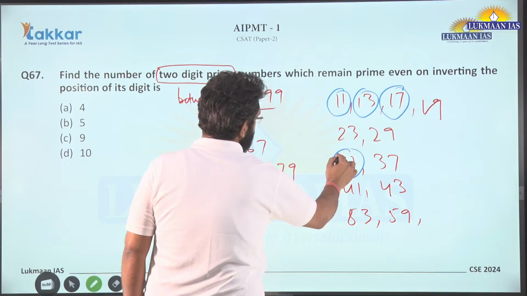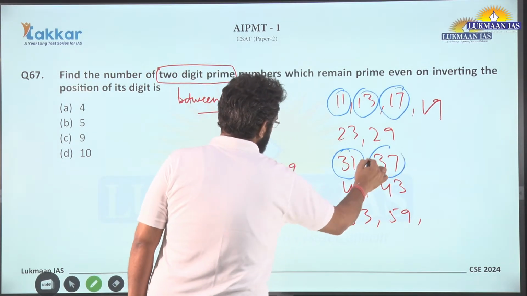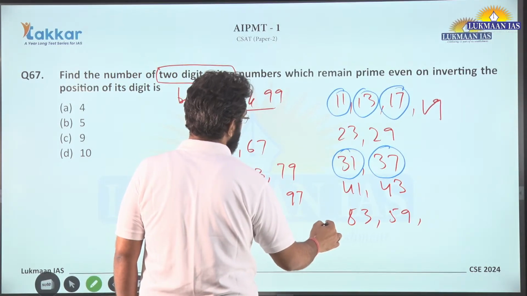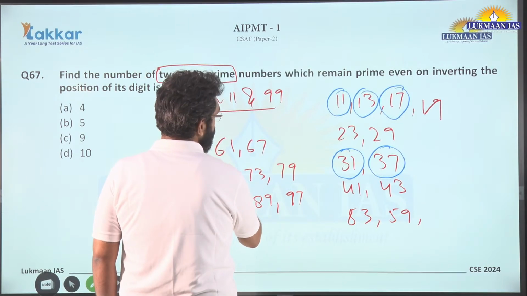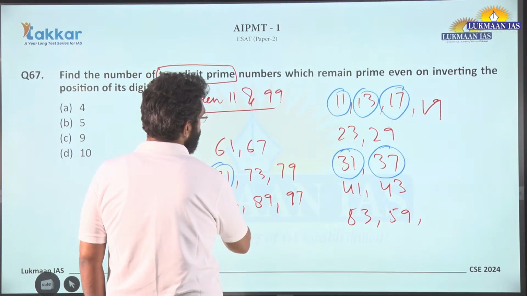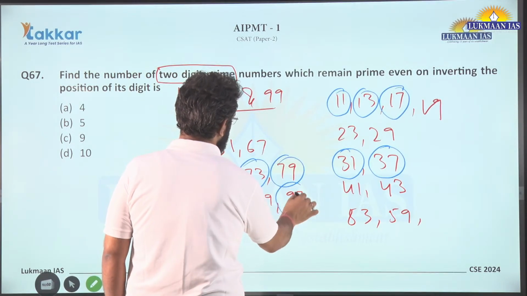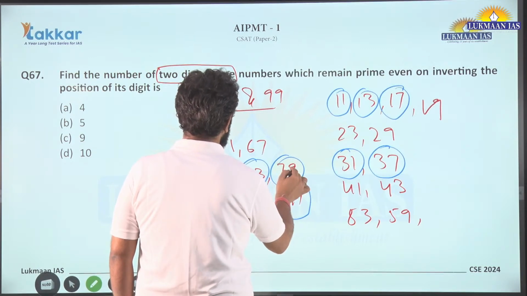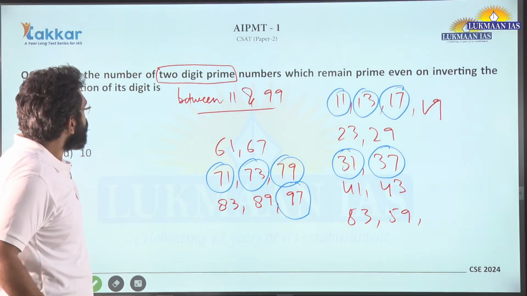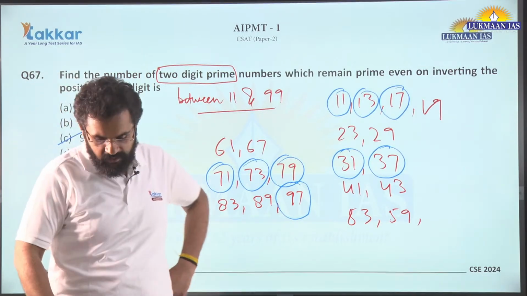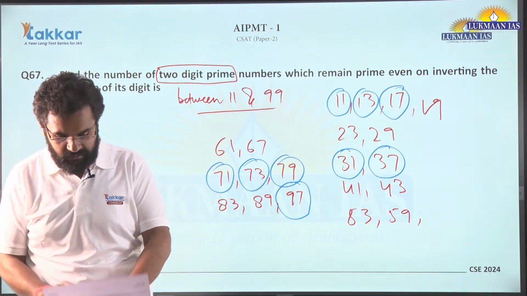After inverting the digits, it will remain a prime. 37 will remain a prime. 71 will remain a prime. 73 will remain a prime. 79 will remain a prime. And 97. So the total number of 2-digit prime numbers which remain prime even after inverting their digits is 9. Option C is the right answer.